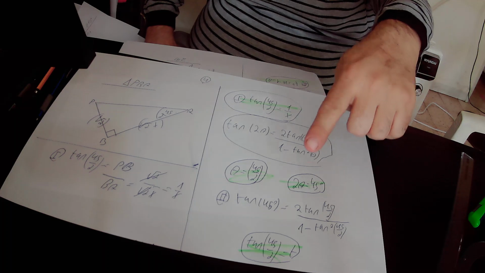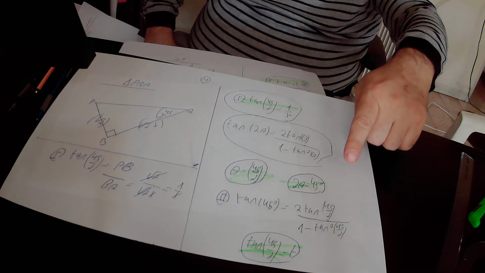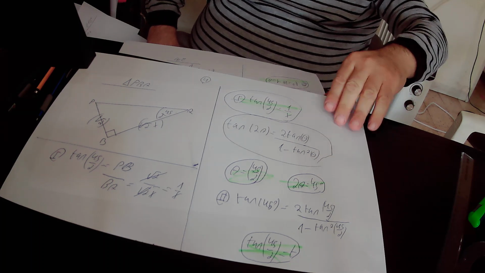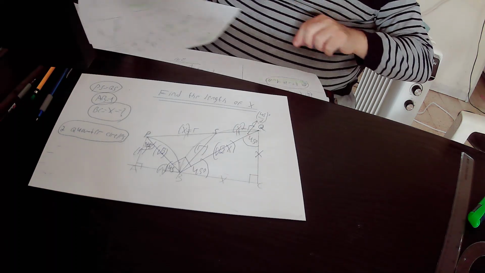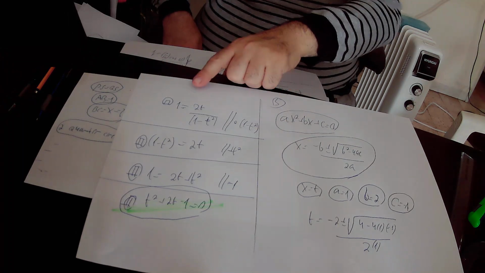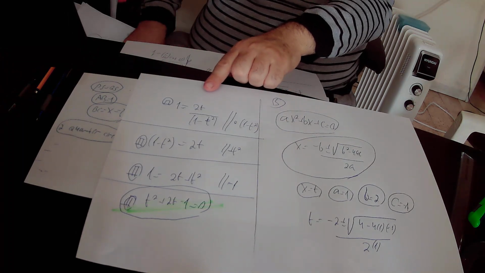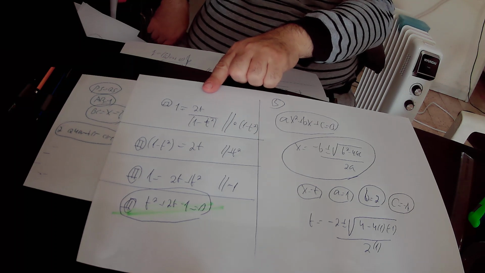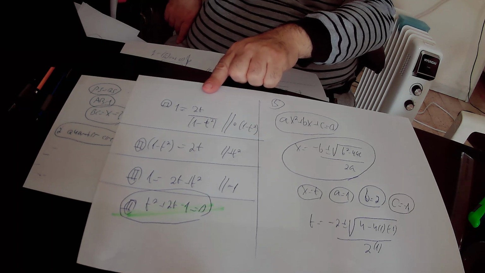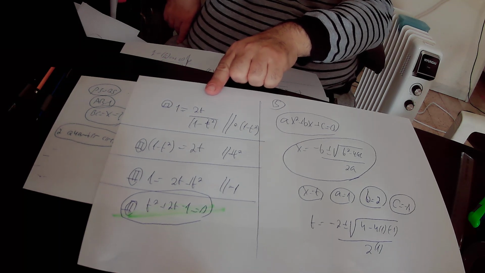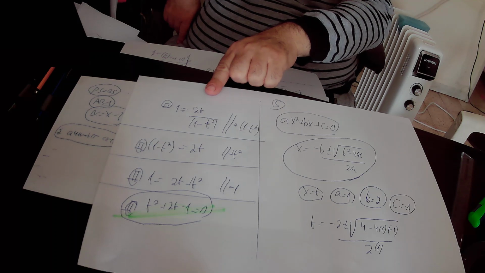Then we defined tangent 45 over 2 degrees as t, and we substituted it by t. Tangent 45 degrees is 1, and it equals 2 times tangent 45 over 2 degrees, which according to our definition is t.